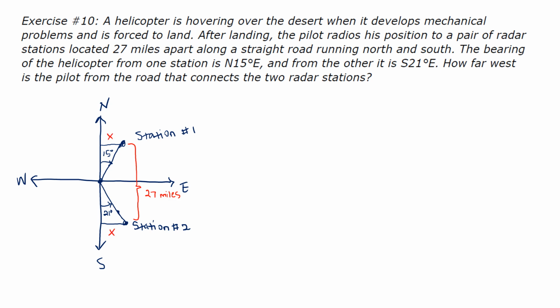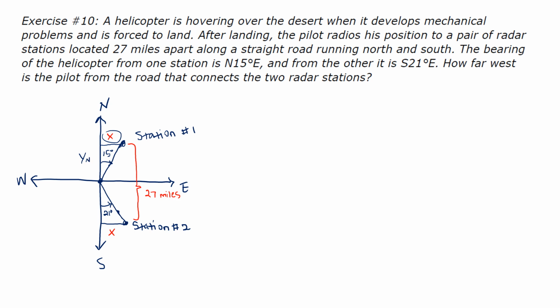We have 2 different triangles here, and we are going to utilize the information that's given to us to find x. For our first triangle, we have 15 degrees as our angle perspective. We have to find x, and we know one of the legs is going to be part of 27 miles.